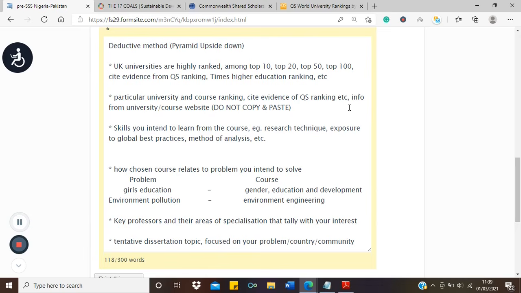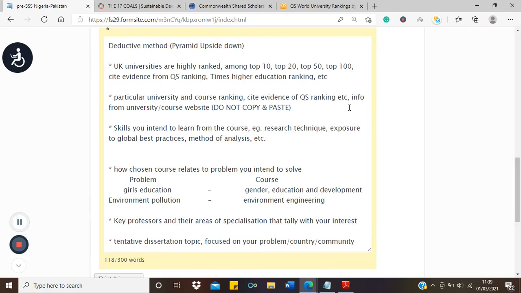So when you get some info about a university bragging about how they are top in the world or top in the UK or top in a particular department, or how they have a particular lab or the faculty or things like that, you could always get that information from the university page, but do not copy and paste.